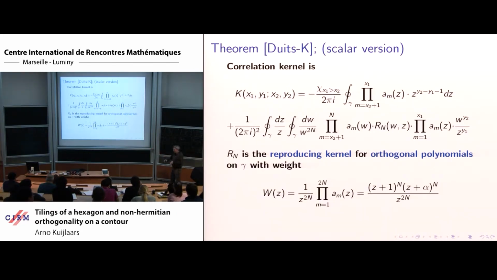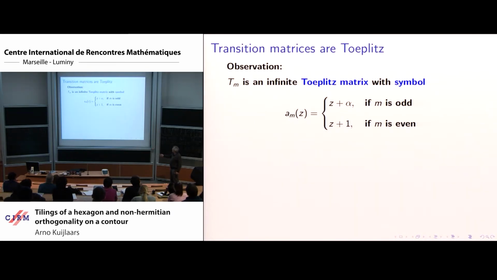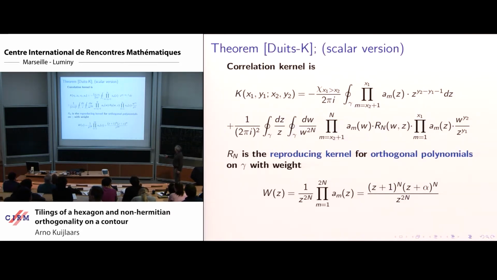So what are the A_m? Are they square roots? No, the A_m are these simple linear expressions. And here, the similar factor in the other variable z going from 1 to x1, the other horizontal coordinate, a product of all these. But this is just a simple polynomial in our case: z plus 1 to a certain exponent and z plus alpha to a certain exponent.